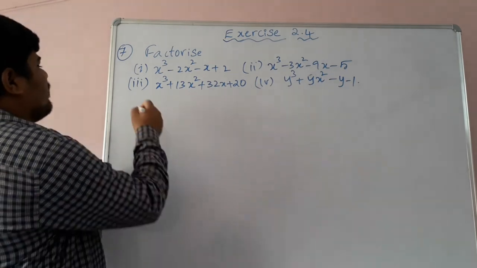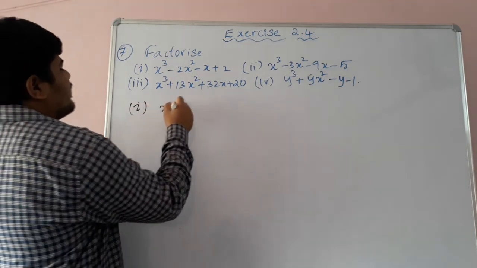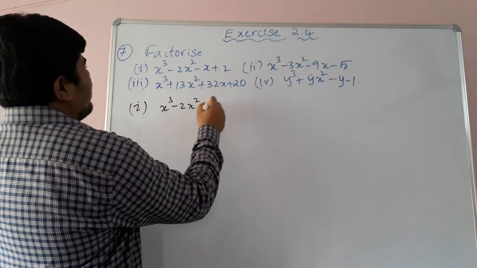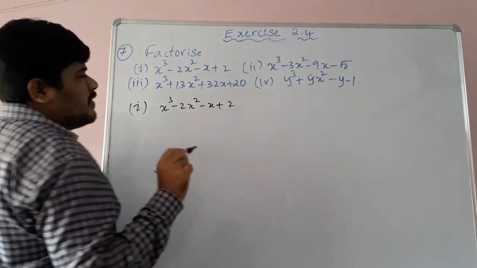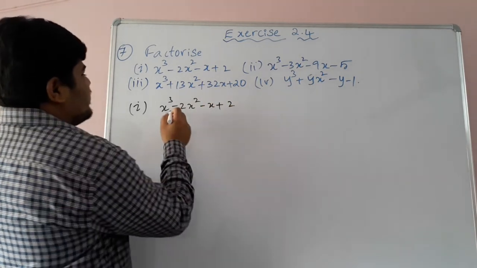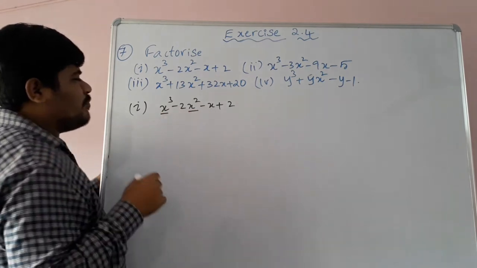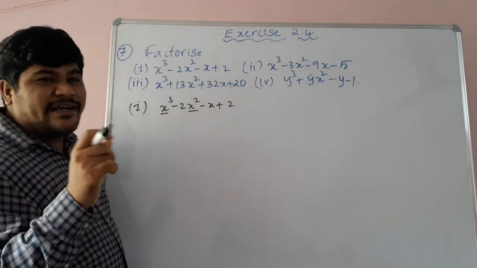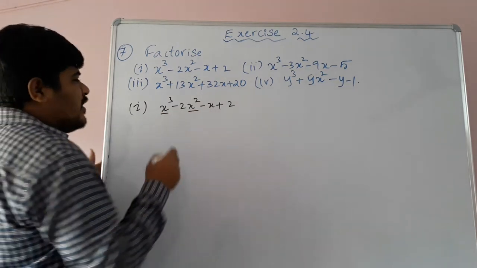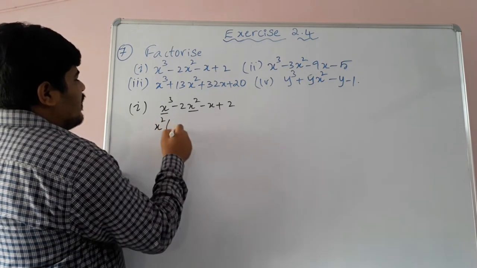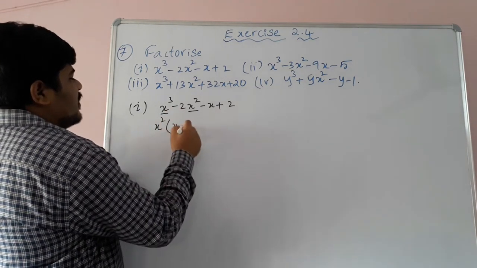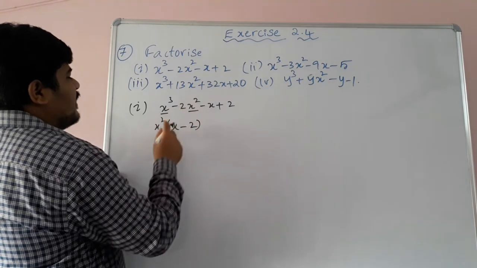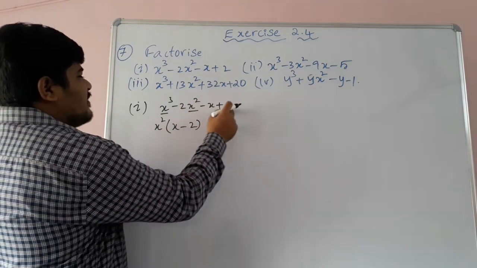Now let's see the first problem. X cube minus 2x square minus x plus 2 is there, children. Now x cube minus 2x square, you can take x square outside, no? So you can write it as x square of x minus 2: x square into x is x cube, x square into 2 is minus 2x square. Again, minus x plus 2 is there.